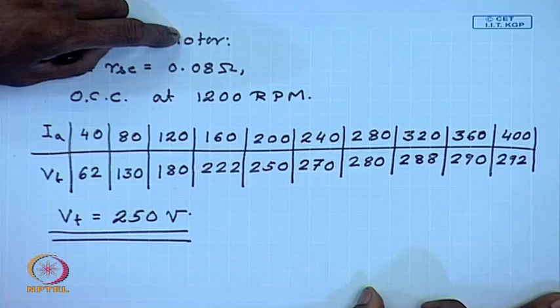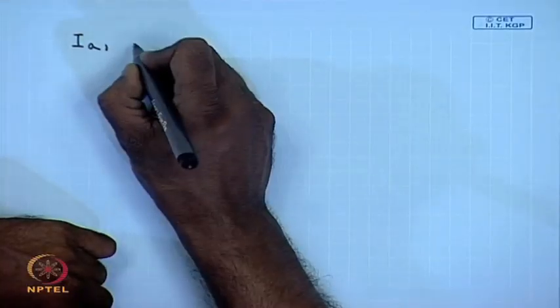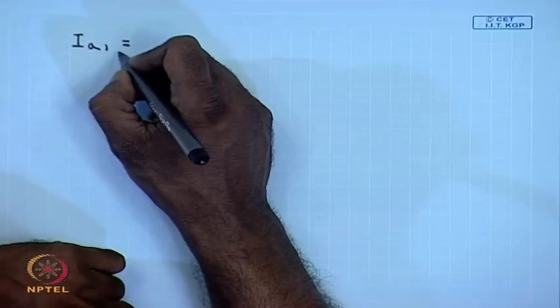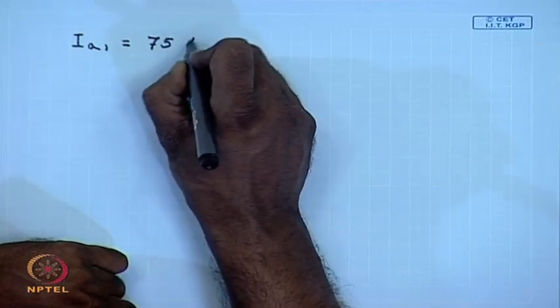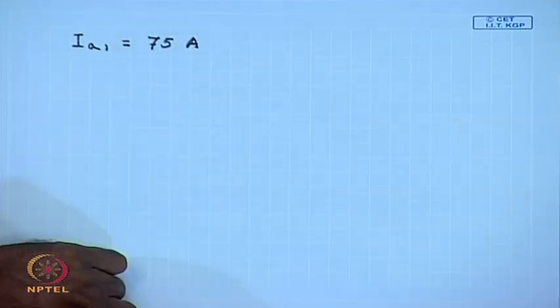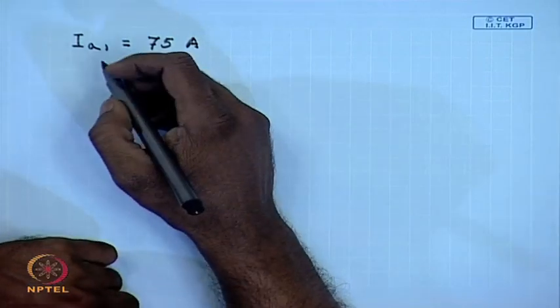For that, let us first ask the question, let us say for some value of armature current IA of, let us say, equal to 75 amperes. What will be the induced voltage?